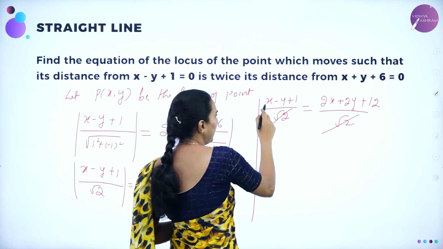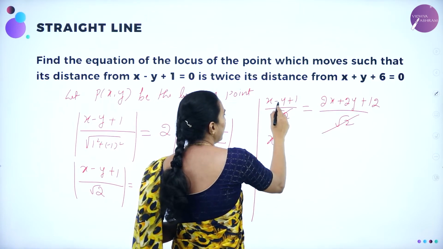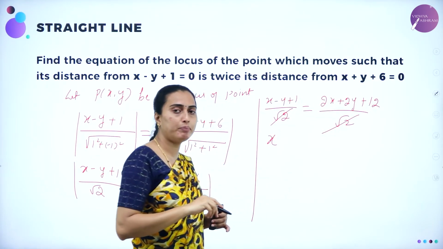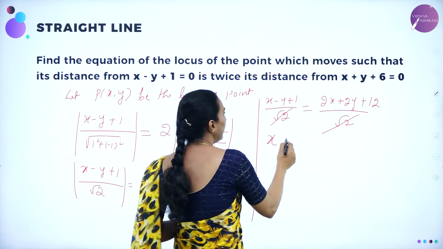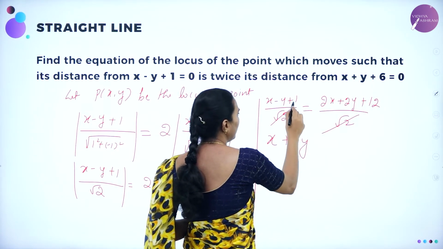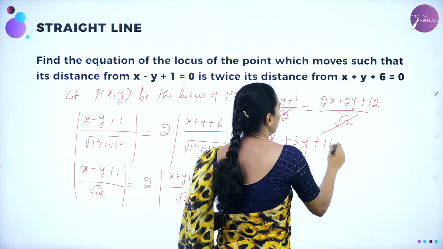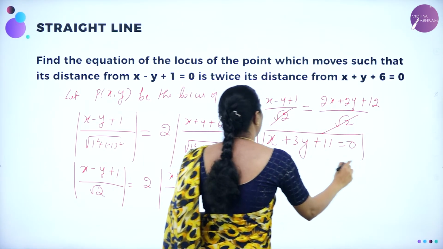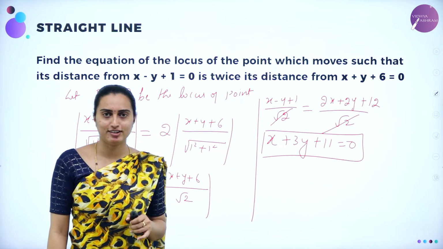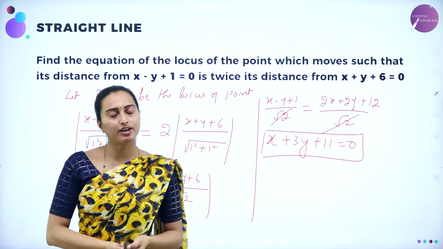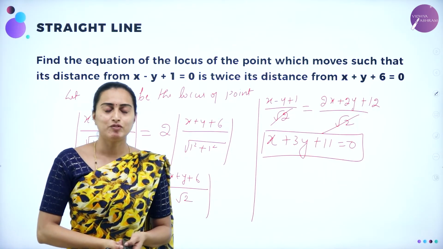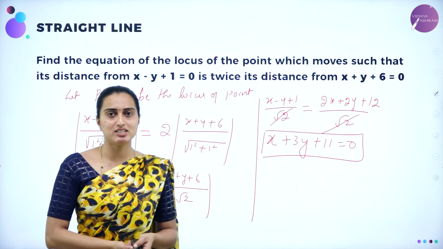So 2x minus x is x. Minus y, if you take it to that side, it will become plus y. 2y plus y is 3y. x plus 3y. Now if you take 1 to that side, 12 minus 1 is 11. Plus 11 equal to 0. This is our equation. Understood? This is how you solve according to the given condition. We'll move on to the next question, dears.